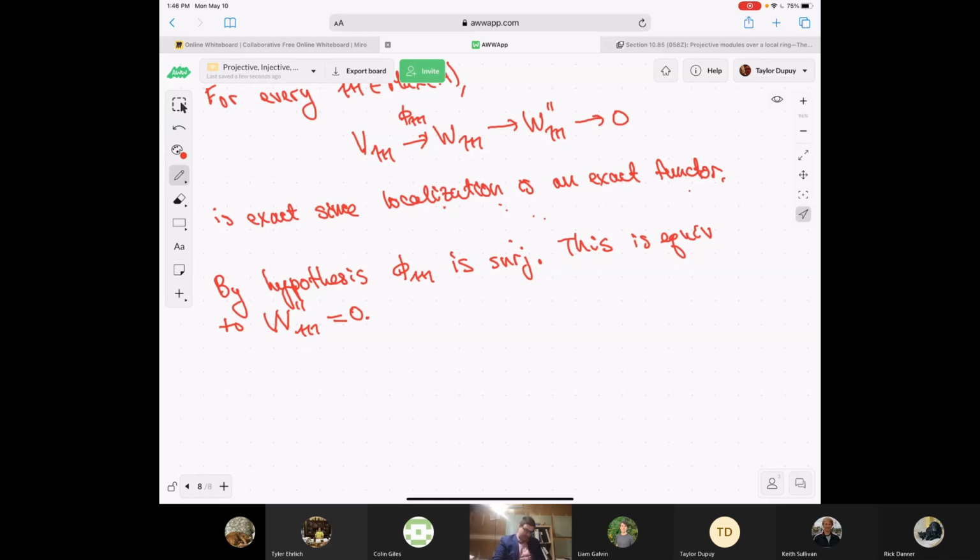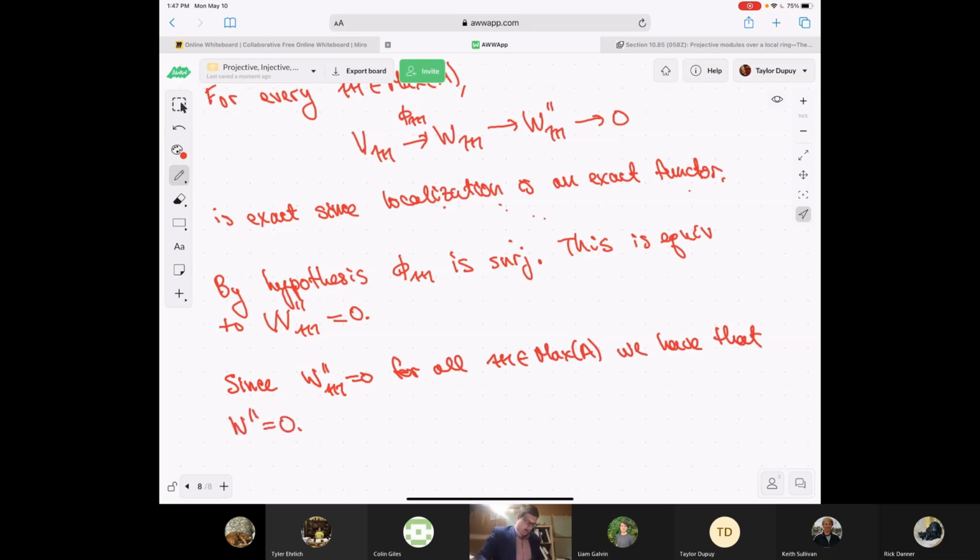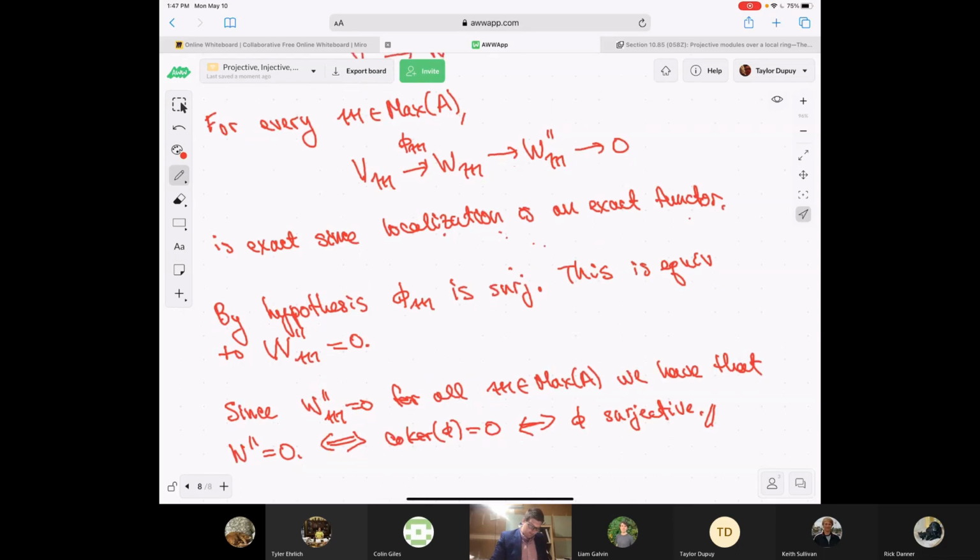So applying the previous theorem about being 0, W prime prime is 0. And this is true if and only if the co-kernel of this map is 0, if and only if phi is surjective.